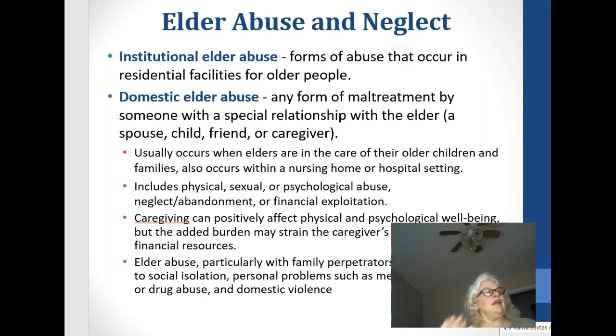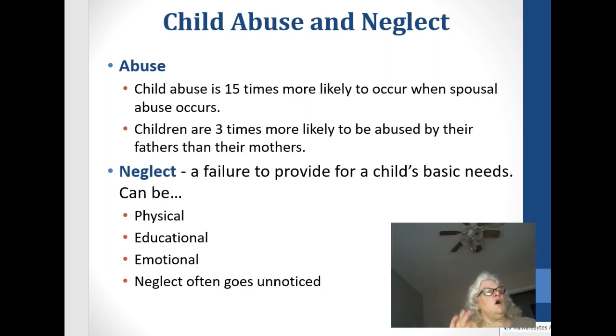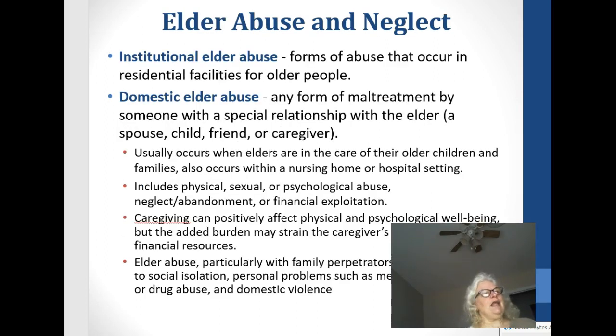And here it differs from child abuse, which said physical, emotional, educational, and neglect. For elders, we look at the physical, the emotional, the neglect, and exploitation, taking their financial pieces. So you can see how it differs in that process.